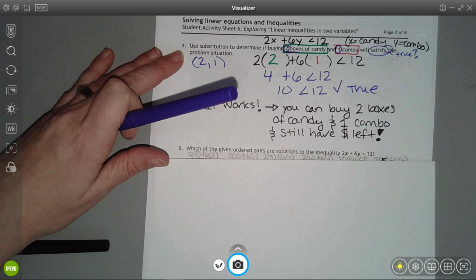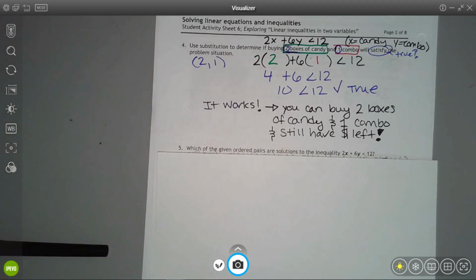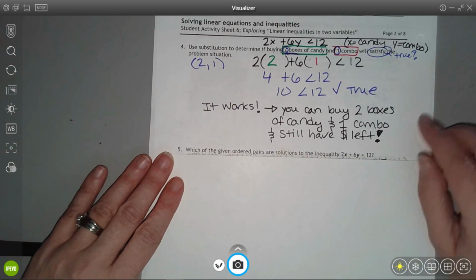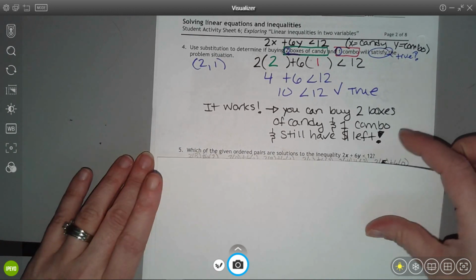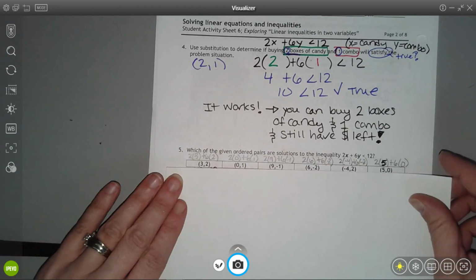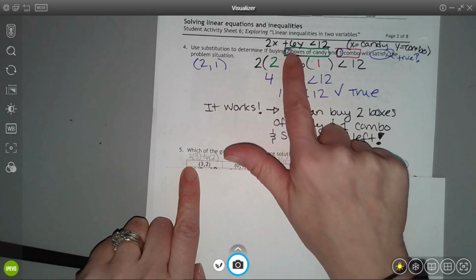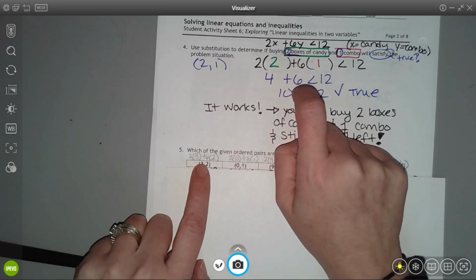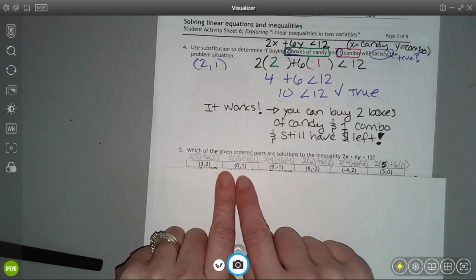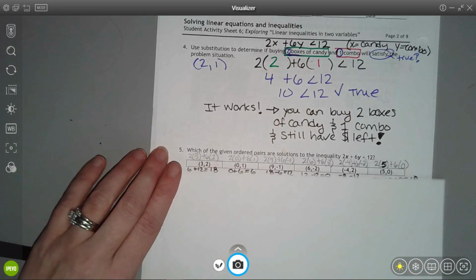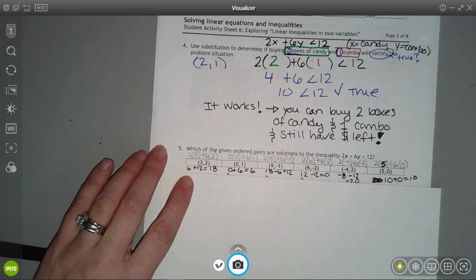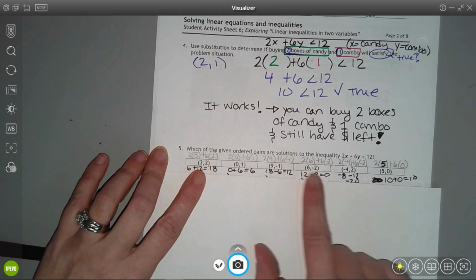Okay. So what we did here, guys, number 5, which of the given ordered pairs are solutions to this inequality? So with this, what I just showed here was plugging in to this function up here. 2 times 3 plus 6 times 2. 2 times 0 plus 6 times 1, so on and so forth. And what I needed to know, what I noted underneath, is what each of those equaled.